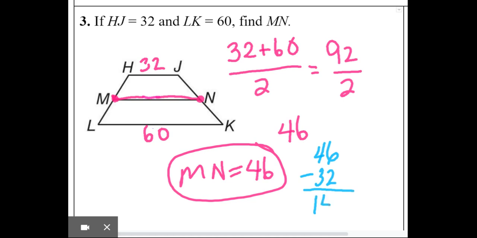And that gives me 14. And on the other end, 60 is the bigger length, and if I subtract 46, that also gives me 14. So that means that 46 is directly in between 32 and 60. So that's a good check if you want to make sure that your answer is correct.